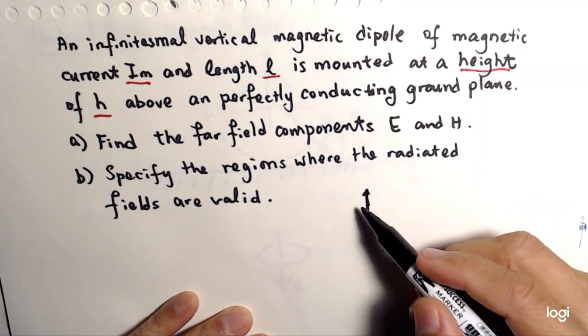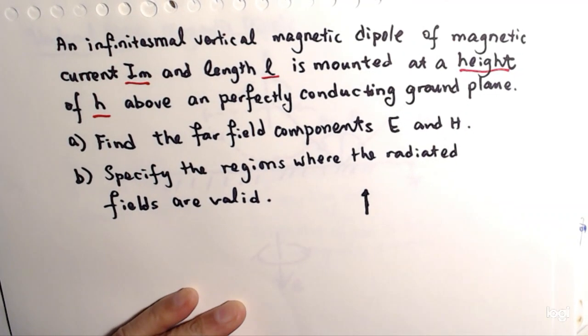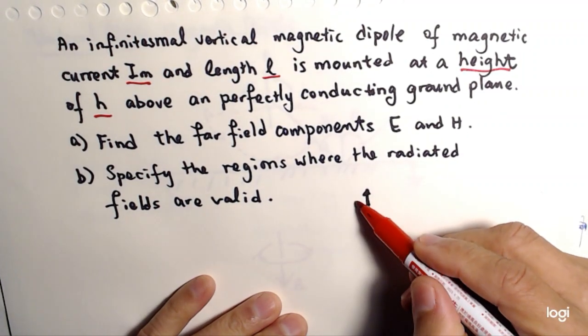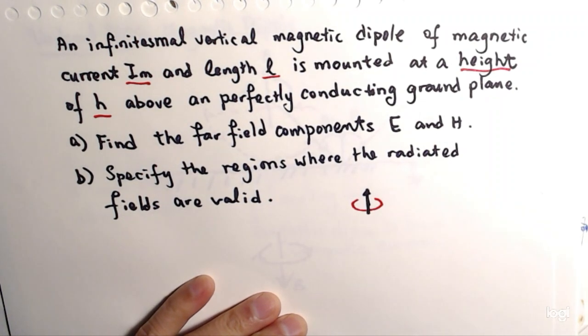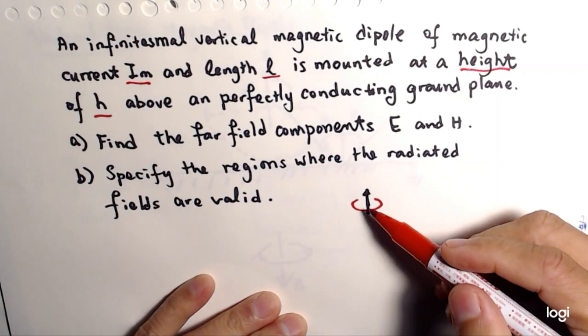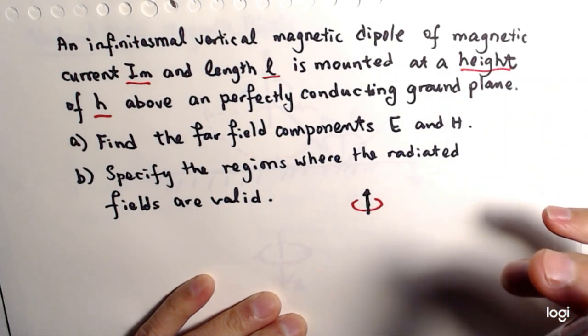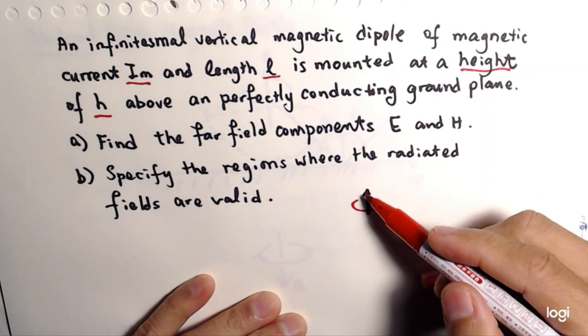In order to produce a vertical magnetic dipole, you need a current loop, and the current loop should be horizontal. So for example, at any particular time instant, if you have a magnetic dipole pointing upward, this means the north pole is at the top.